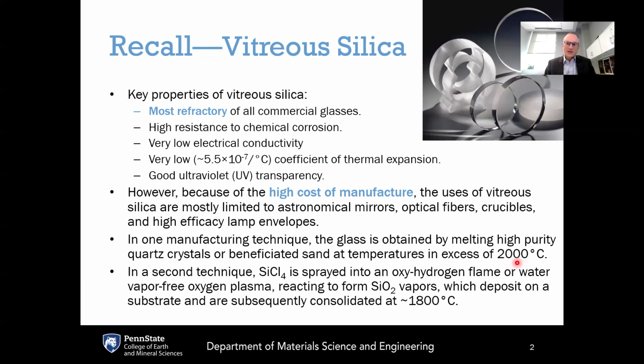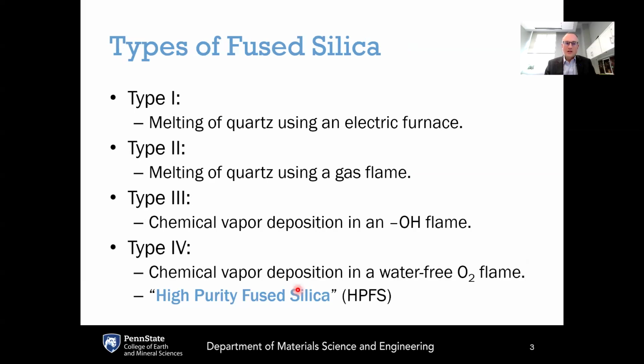And what we're going to see is that there are various ways of making vitreous silica. One of them is melting high purity quartz, and the other way is a chemical route, which is based on reacting silicon tetrachloride with oxygen in order to deposit SiO2 soot. And these are classified as 4 different types of fused silica.